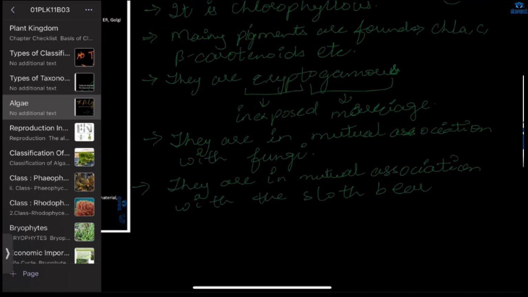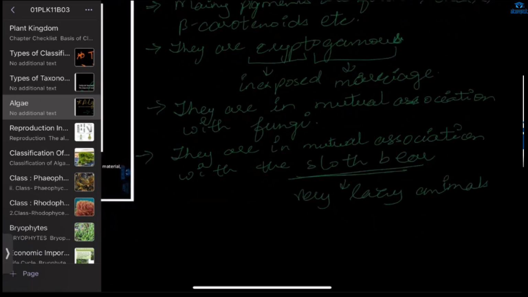Okay? What are sloth deer? They are very lazy animals. We can say very lazy animals. And why do these animals use algae? Their bodies are brown.